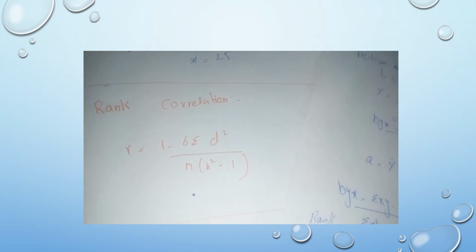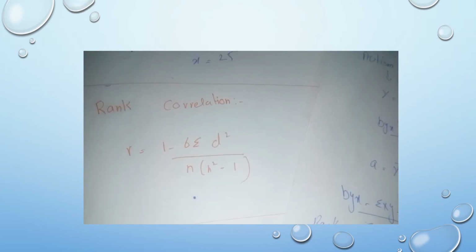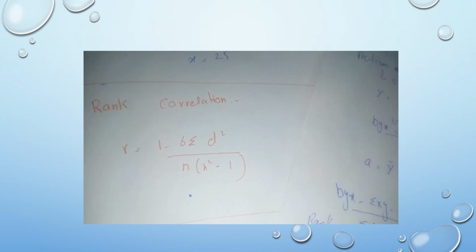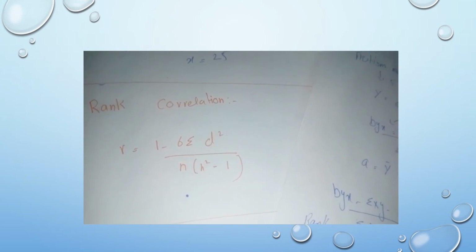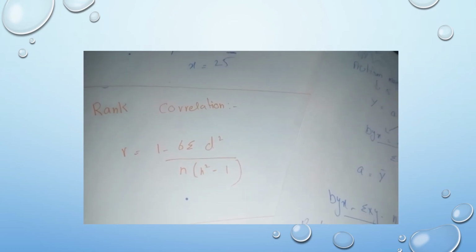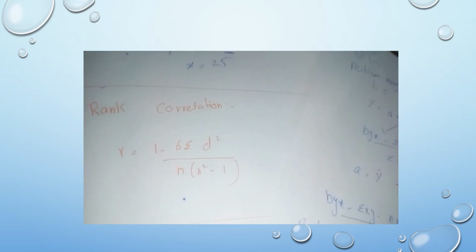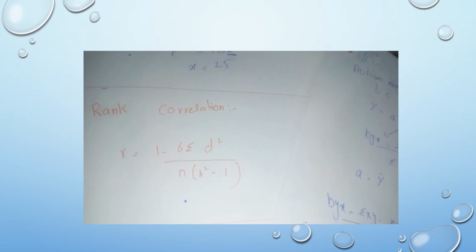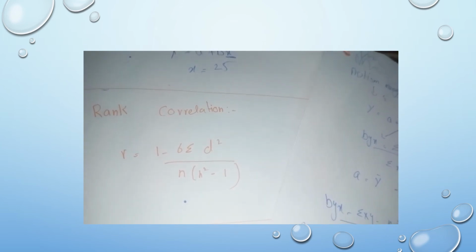Rank correlation measures the qualitative relationship between x and y variables, the relationship that cannot be measured through a counting procedure, or where counting is not possible. Accurate assessment is not possible, like beauty and intelligence, or courage and honesty.